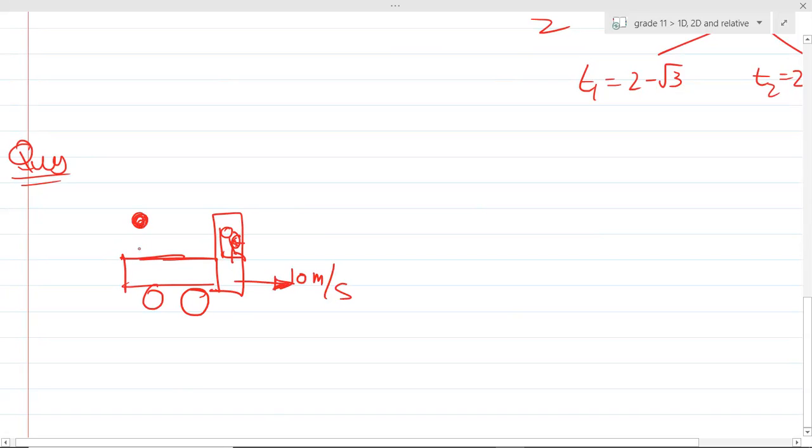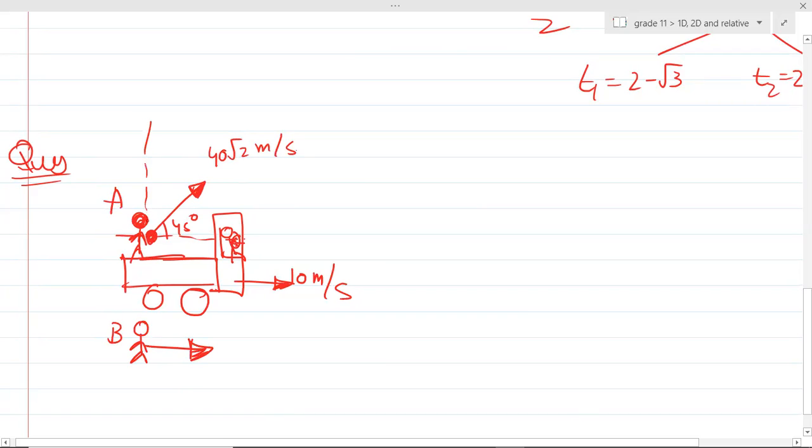There is a guy over here who has a ball in his hand, and he throws the ball at a speed of 40 root 2 meter per second at an angle of 45 degrees with the horizontal. Okay, there is another guy. Can you see this guy B who starts running at the exact same time from the exact same position. Now the question is, this ball will go like this? Yes or no?